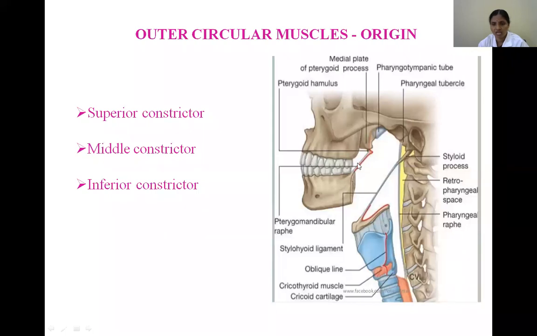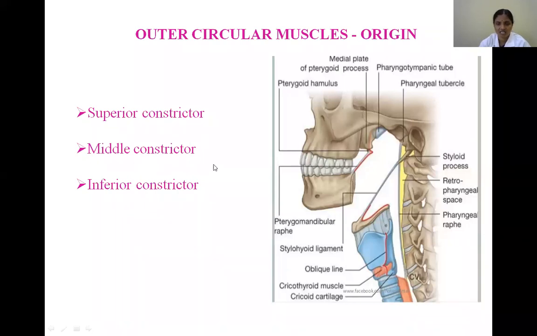This pterygomandibular raphe gives origin in front to the buccinator muscle, whereas behind to the superior constrictor muscle. So a continuous origin of the superior constrictor extends from the lower part of the posterior border of the medial pterygoid, then pterygoid hamulus, then pterygomandibular raphe. This is the origin of the superior constrictor.